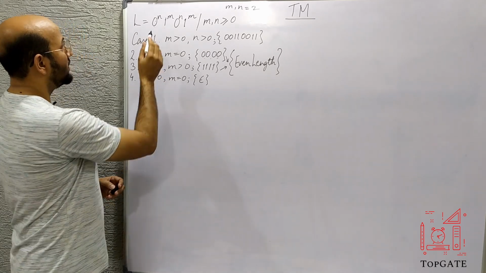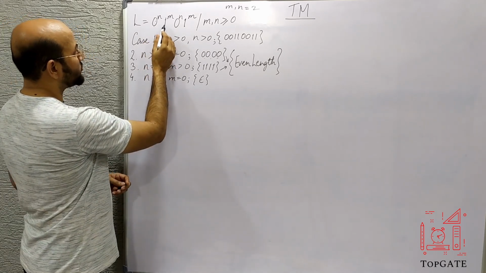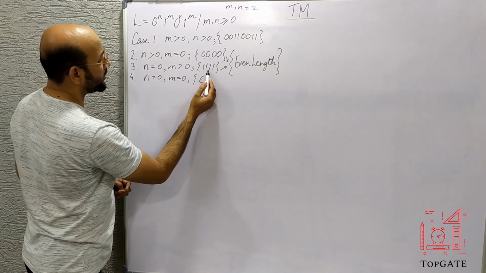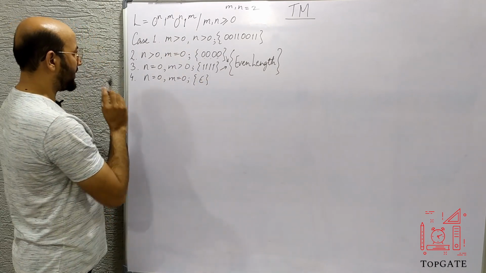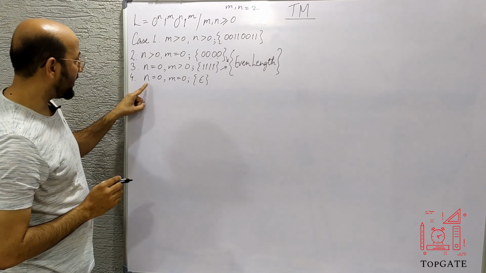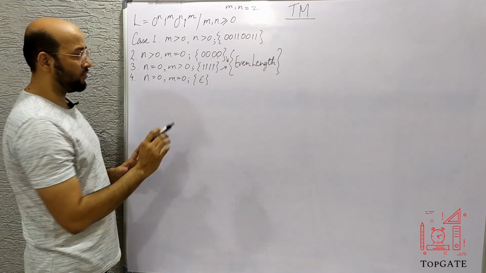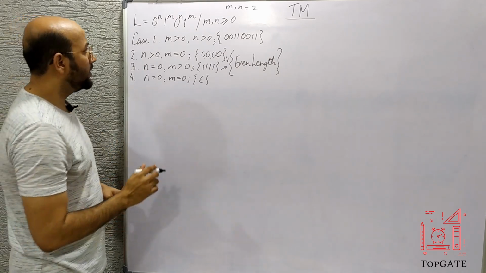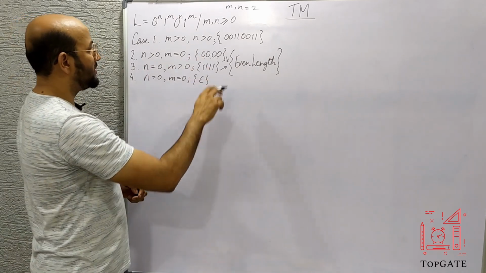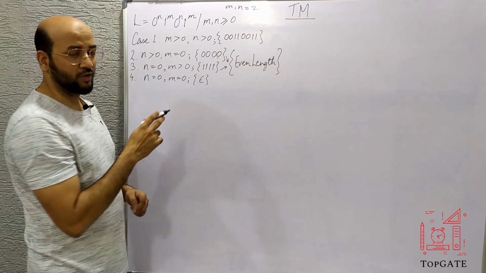In this case the zeros will not be there, so the string will have only ones, that is 1111. And the last case is if n and m both are 0, then I will get epsilon, that is the null string. So we have to design a Turing machine that can satisfy all these four cases.